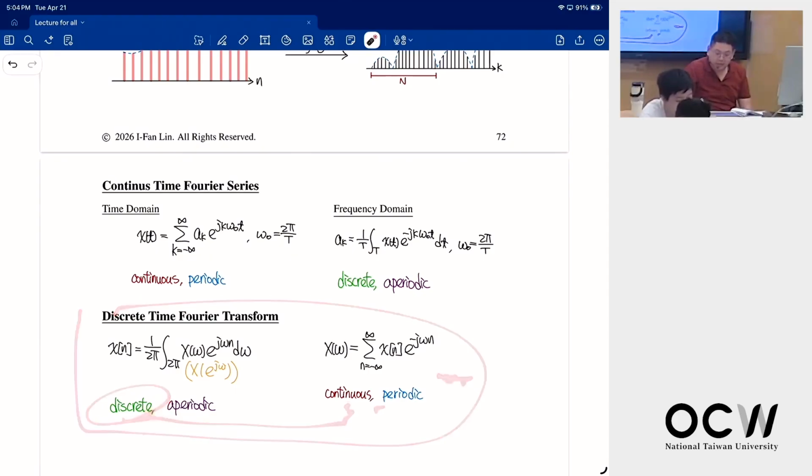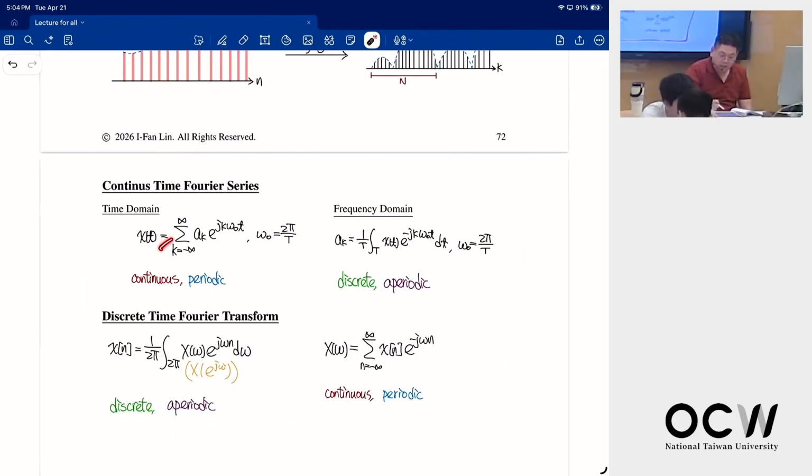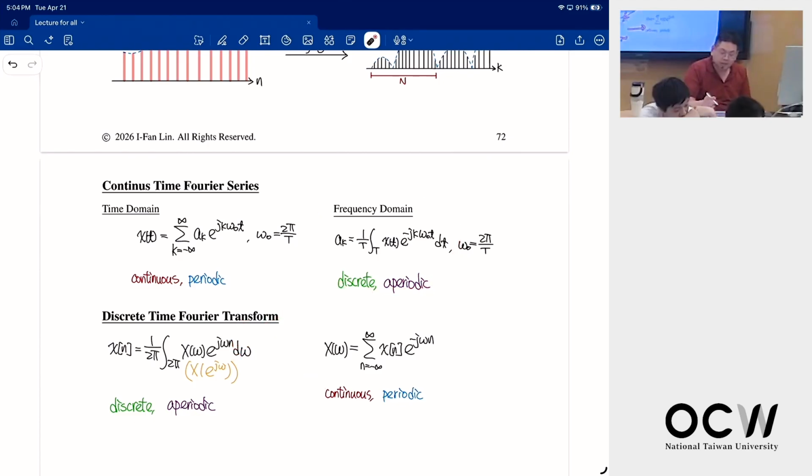However, if you see these two together, it looks like I can take the continuous time Fourier series, and then I can take the discrete time Fourier transform. Again, I can take the continuous time Fourier series, and then discrete time Fourier transform. Then I probably will go back to the original signal.